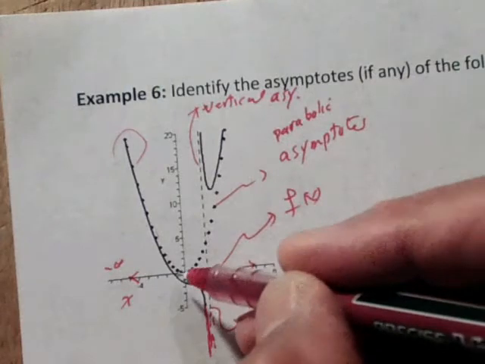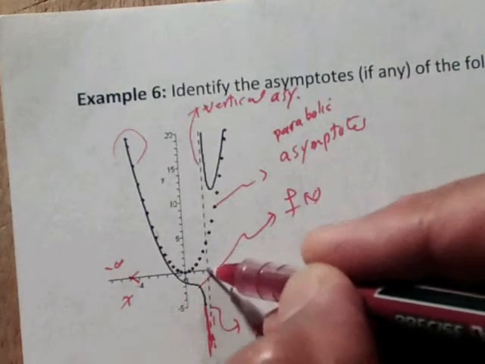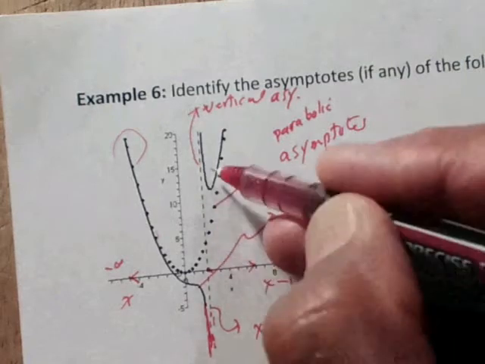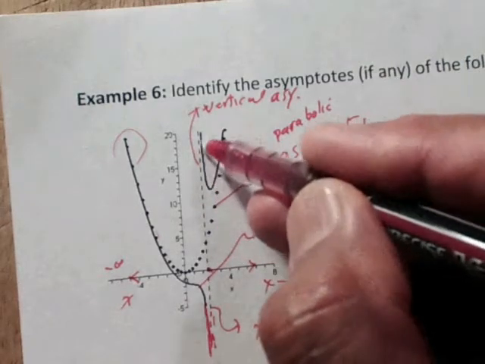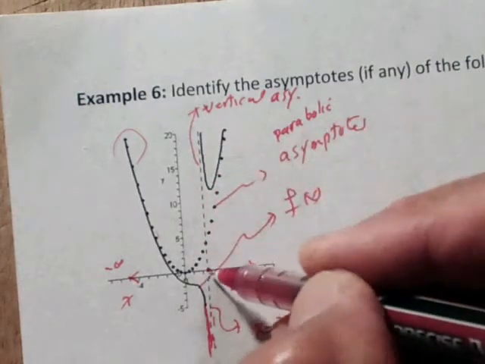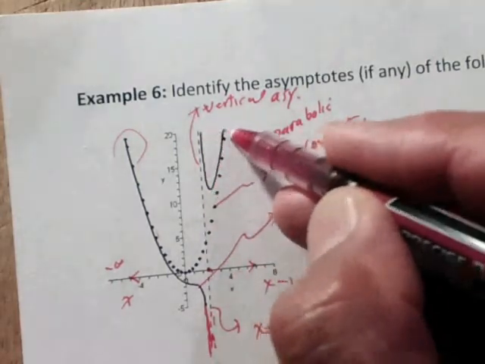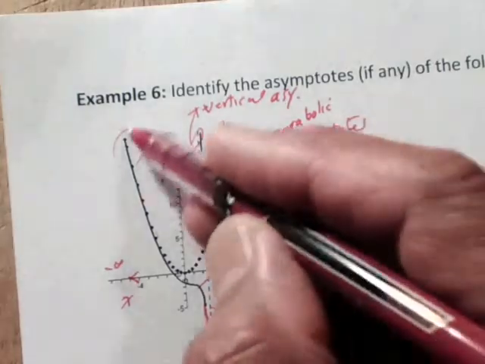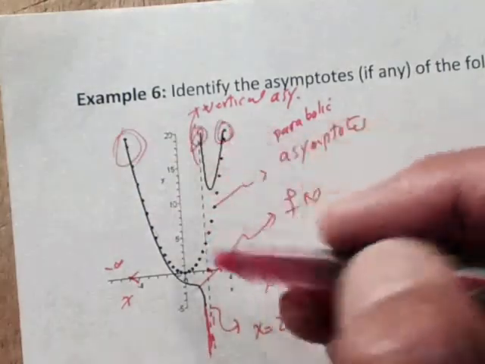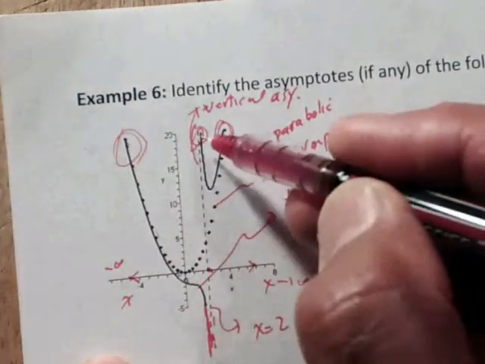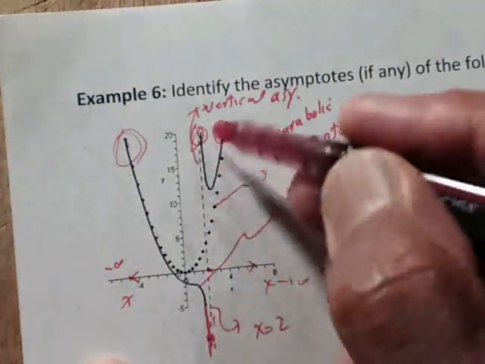So as we approach this point, you see, from the right, the graph becomes vertical. If you go to the left, it becomes a parabola. So eventually these endpoints are the same. This part is parabolic, this part is parabolic, and this one and this one are linear, vertical.